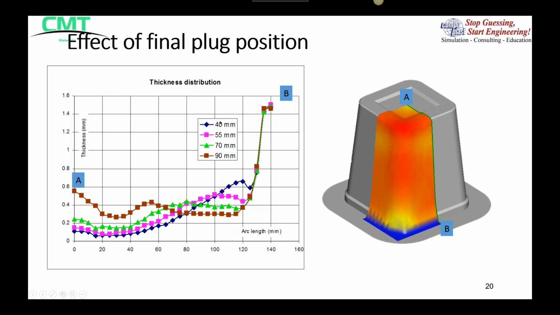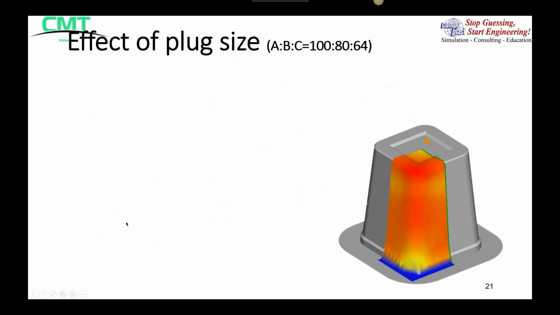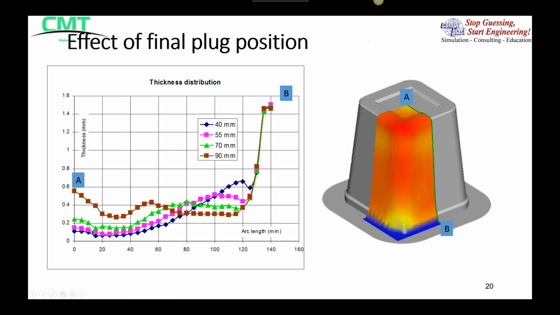Then the vacuum comes on, and because we've only pushed the material a small distance, less than halfway up through the cavity, the material has to stretch as it pulls to reach point A. You can see we have our thinnest material at point A, and then our material gets gradually thicker and thicker as it moves up to point B.